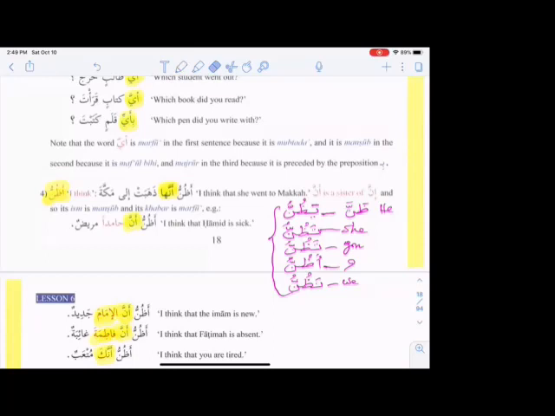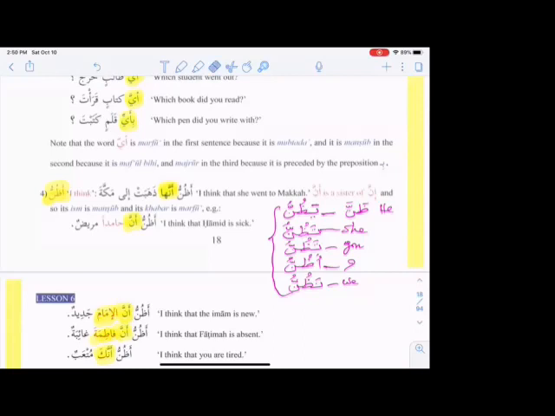So I thought, because we have azunnu, annaha. Now here something we have to understand, inshallah. After azunnu, most likely anna will come. Annaha.